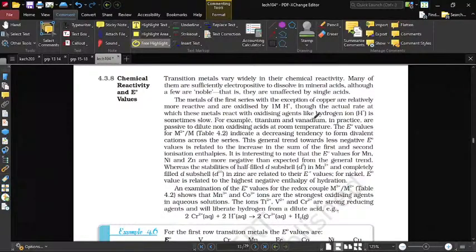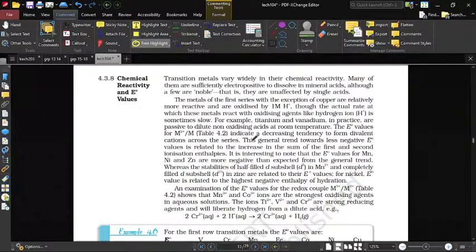For example, titanium and vanadium, in practice, are passive to dilute non-oxidizing acids at room temperature. The E0 values of M2 plus to M indicate the decreasing tendency to form divalent cations across the series.